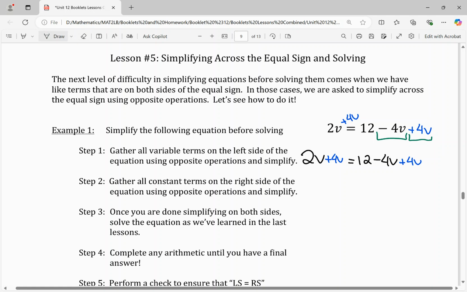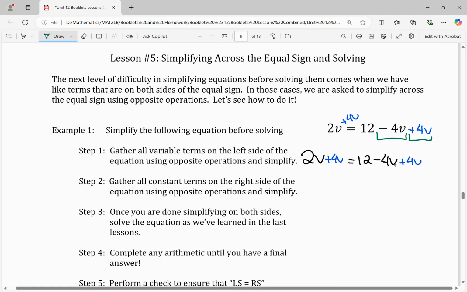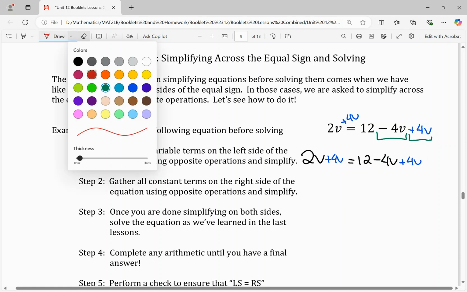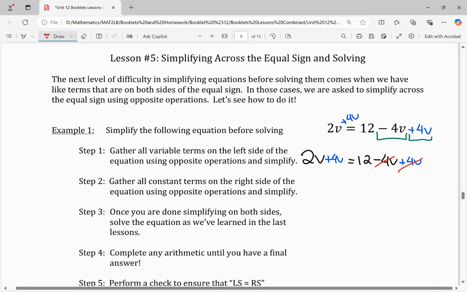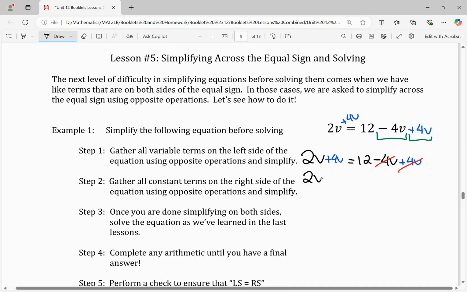So effectively, what's happening here is these two statements, they disappear. Minus 4v plus 4v. Let's use a different color for that. If I add and subtract the exact same thing, they're going to cancel each other out. So those disappear. And I'm left with 2v plus 4v is equal to 12.